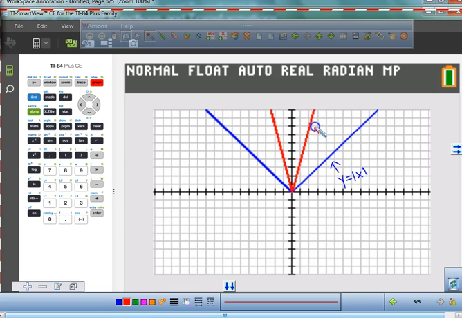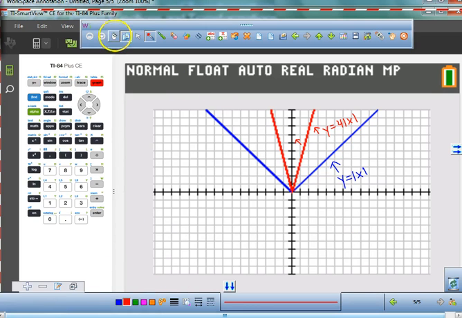And this one was y equals 4 times the absolute value of x. Can everybody see how this is going towards what? It's going towards the y-axis. Imagine yourself stretching with your arms in the air. I said stretch to the sky. Your arms are going towards that y-axis vertically. Okay?